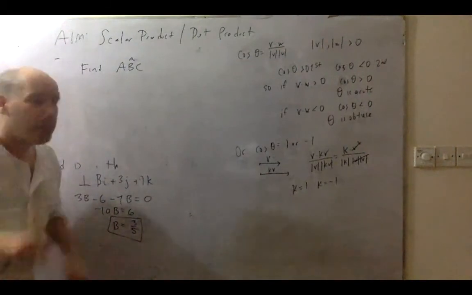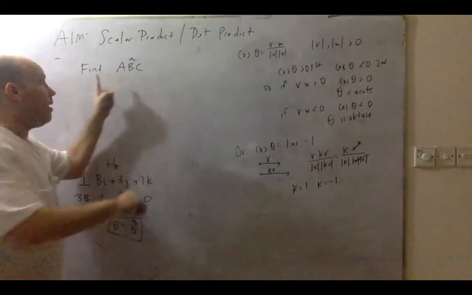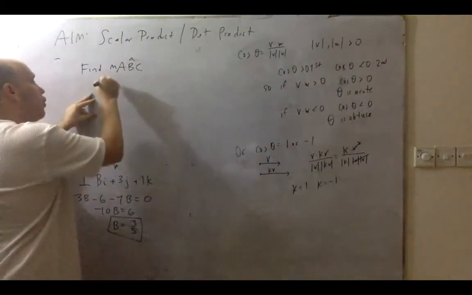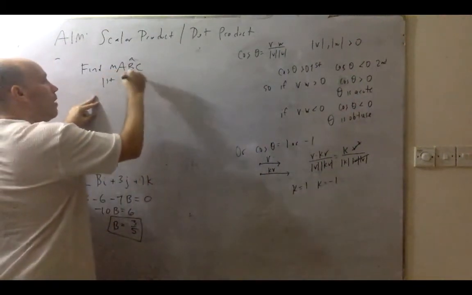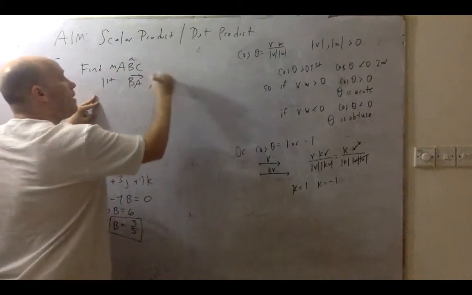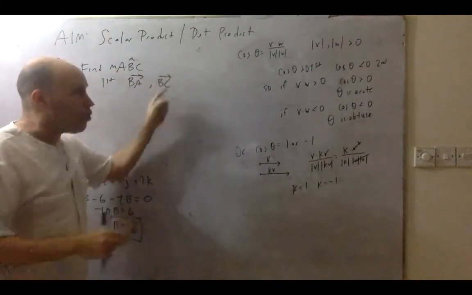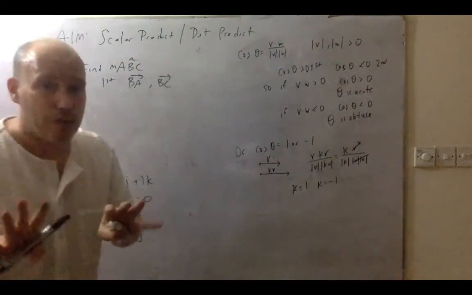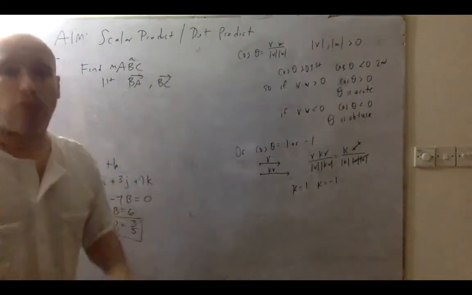If they want you in vector world, to find the measurement of angle ABC, first find vector BA, and then find vector BC. And then when you have these vectors, you can use the cosine rule to find the angle. And that's basically it. So good luck with the exercise.